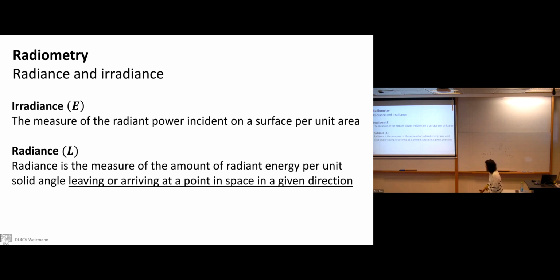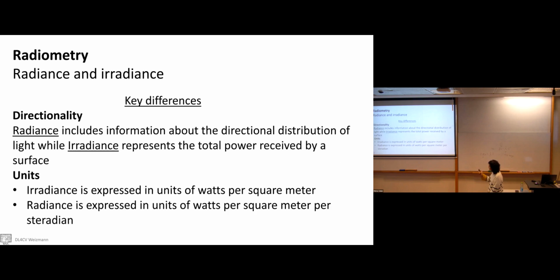Okay, this is the main difference. So I'm repeating in order that you will be with me on the same page. The key difference between these two measures: radiance includes information about the directional distribution of the light, while irradiance represents the total power received by a surface. Also, the units are different. We'll see in a minute.